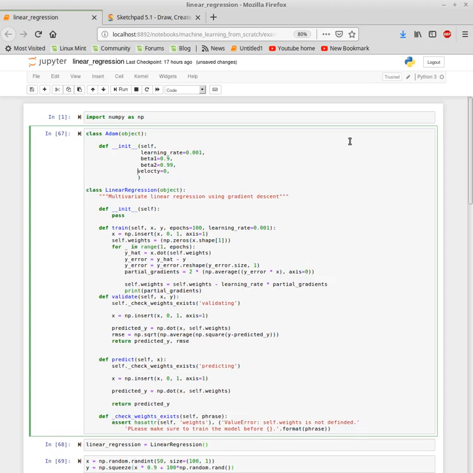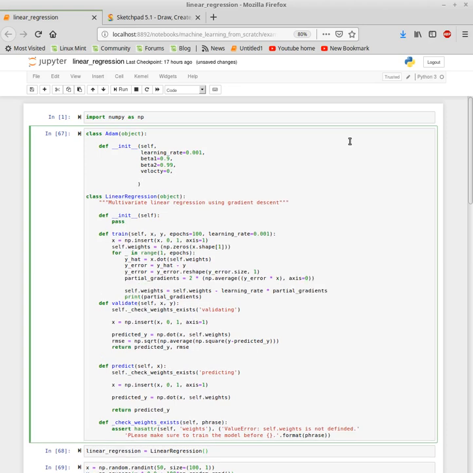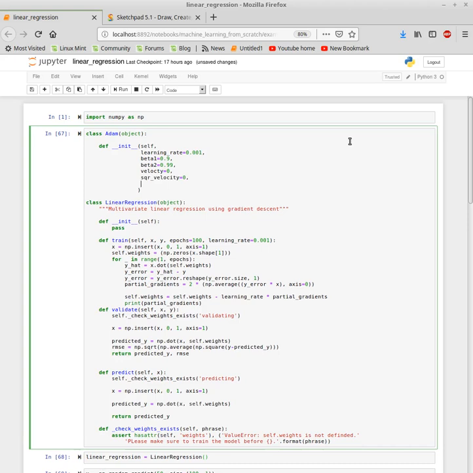That's the velocity gradient, which is the momentum gradient. Square velocities for our RMS prop. So beta 1 is 0.9. That's how much of the previous velocity we want to count, and 0.1, which is 1 minus 0.9, is how much of the current gradient we want to use to update the velocity.